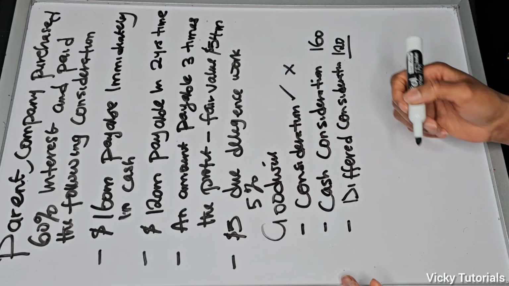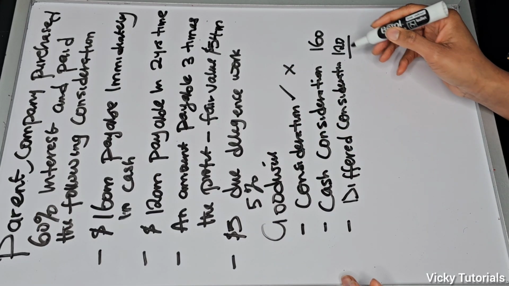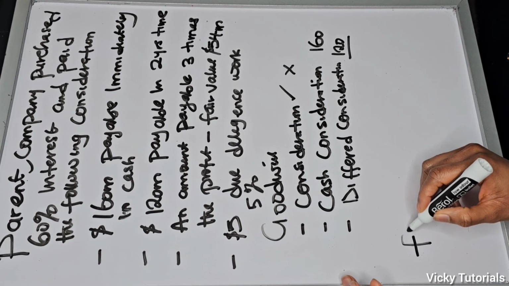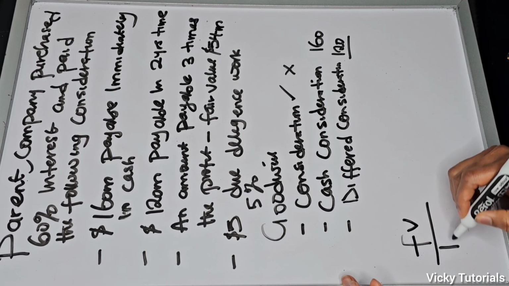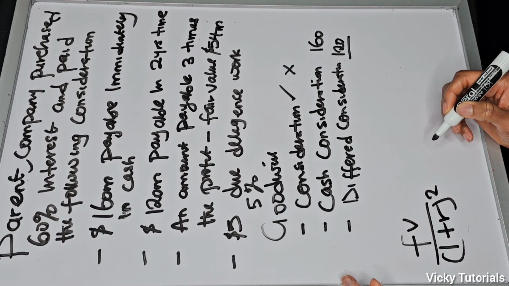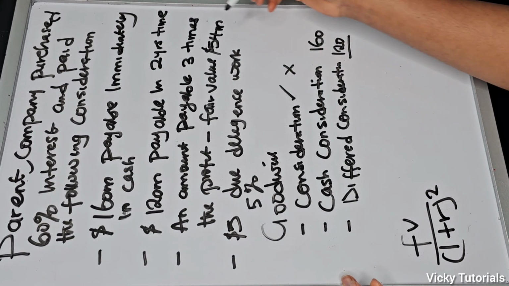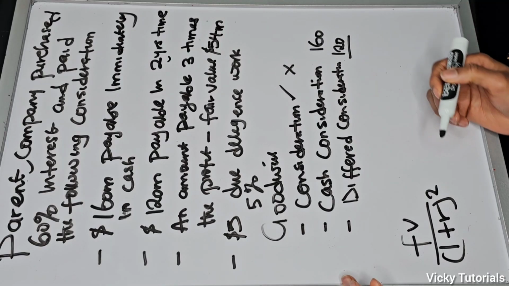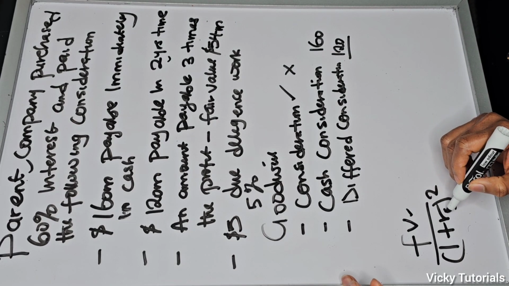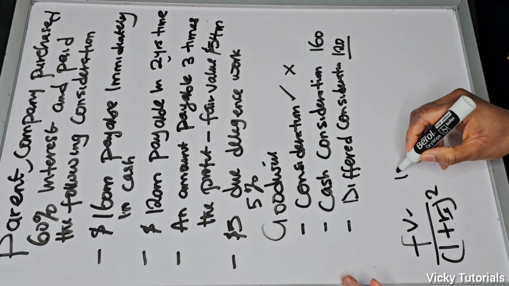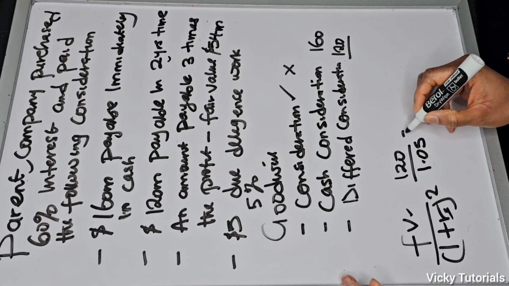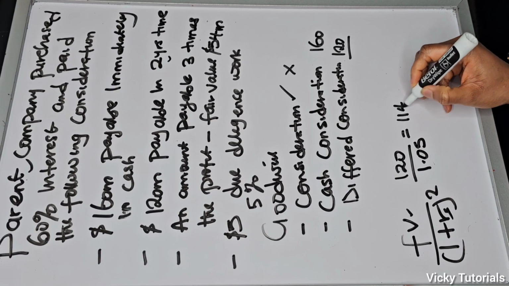For you to bring it down to present value, the formula is FV divided by 1 plus R, raised to the number of years. And we know that this amount is payable in 2 years' time, and this is the future value, and the interest here is 5. So 120 million divided by 1.05 squared, that will give you 114.